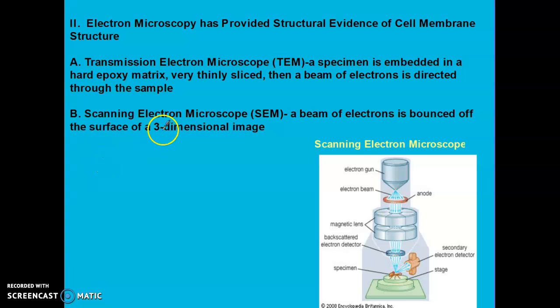A scanning electron microscope is looking at a very tiny organism or object in three dimensions, and the outside surface of that is actually sprayed with metallic dust, and then the beam of electrons basically scans that outer surface to give you a three-dimensional image. So that's how they're different.